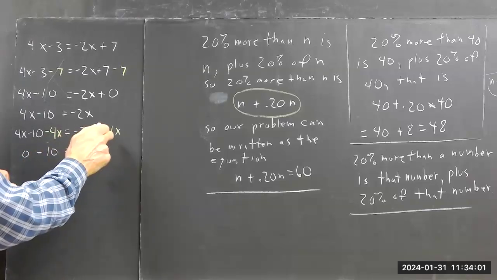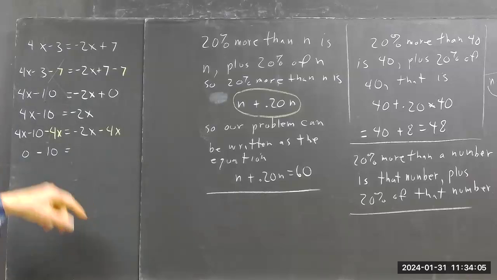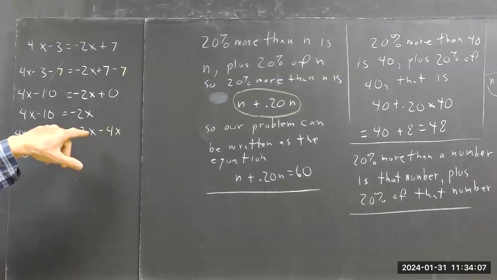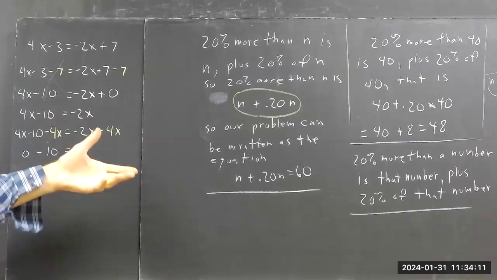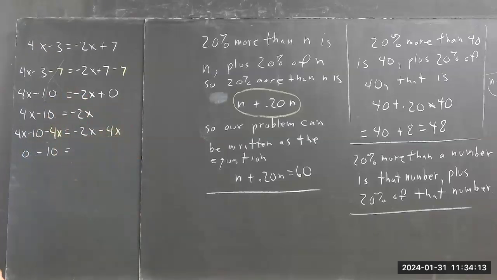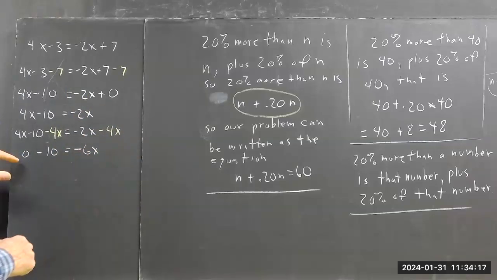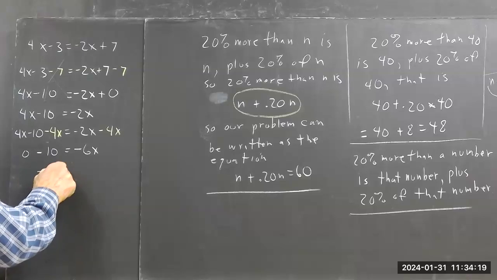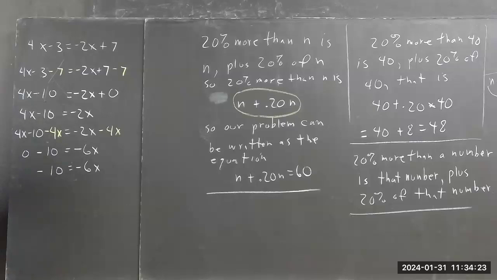And negative 2x minus 4x, we can do that because whatever x is, we've got negative 2 of them here and negative 4 of them here. That's going to give us negative 6, so we have negative 6x. And then the 0 is really not needed there. So we have negative 10 equals negative 6x.